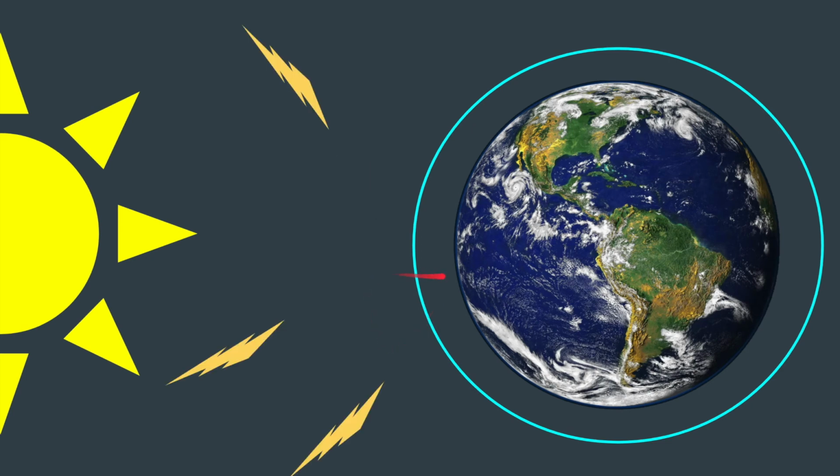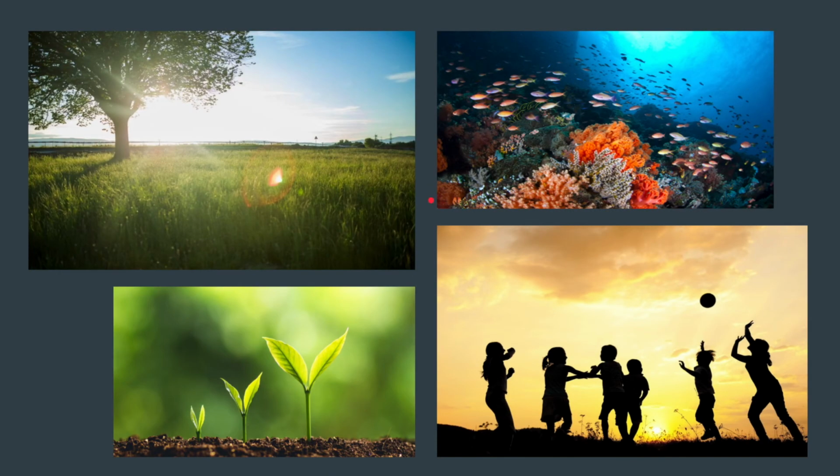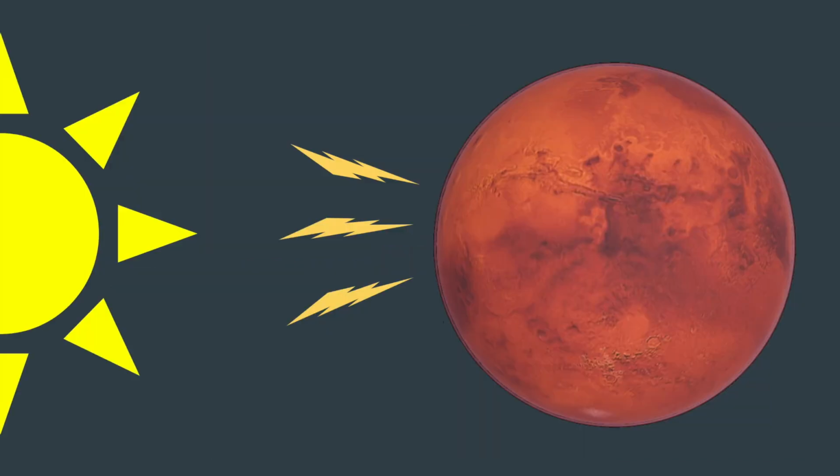So only a little bit of it can come in. So because of it, the living things are not destroyed or damaged by the sun, and we are able to keep those living things here.